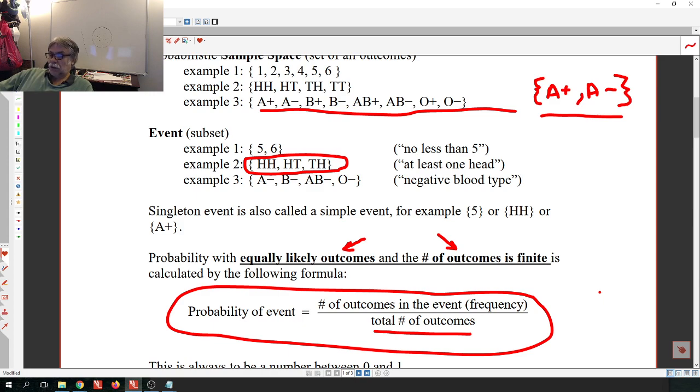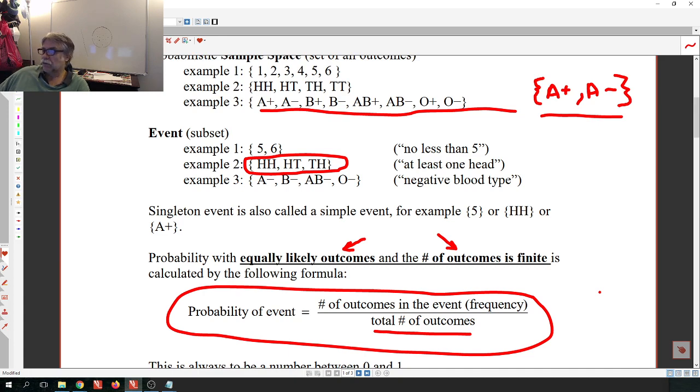So if the sample space has equally likely outcomes and the number of outcomes is finite, the probability of any event is going to be the ratio of the frequency of that event, how many things are in the event, relative to how many things are in the sample space, the size of the sample space.